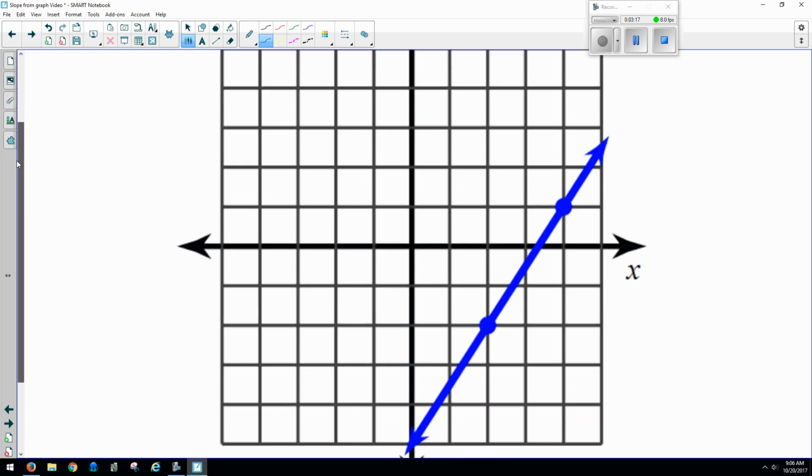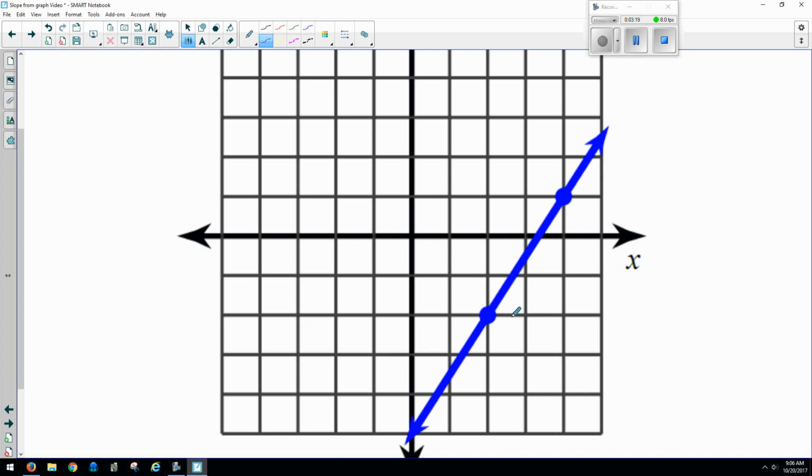Let's look at this example. All I'm going to do is count from this point to this point, and I'm always going to count up or down first, and then I'm going to go to the right. So for this example, again, slope is rise over run. So I'm going to start at this point and just count how many squares I can see.